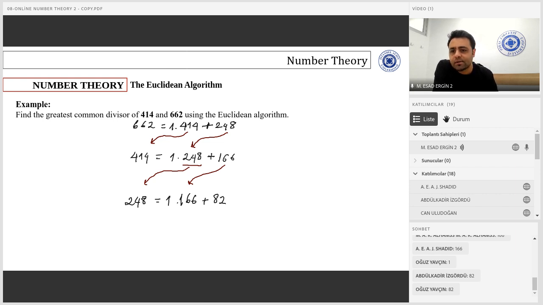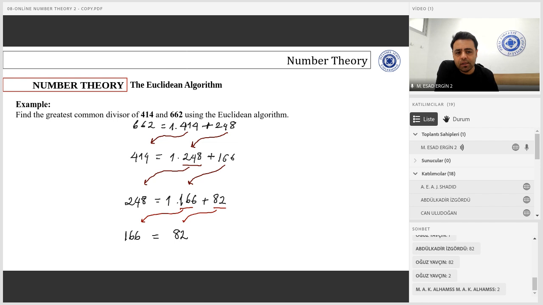And now the same process I am going to apply. I'm going to use this at the left side and this one to the right side. Which one? 166. And how many times I have 82 inside of this one? This 2, right? And plus 2, I guess. And now we can see that 82 equals how many times it has 2 inside of this one.